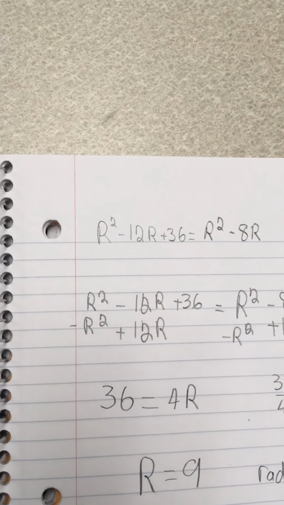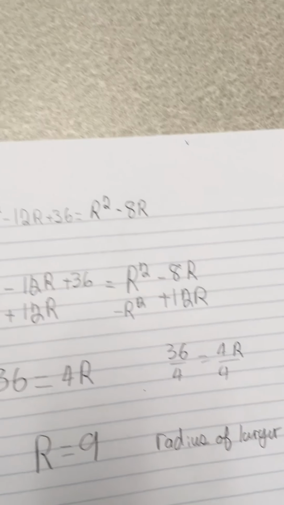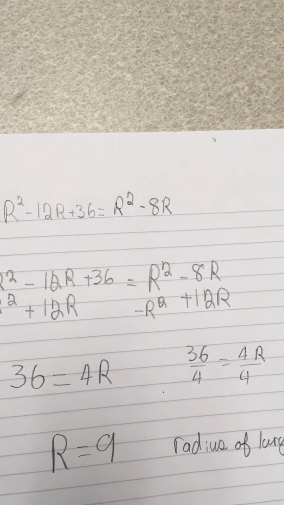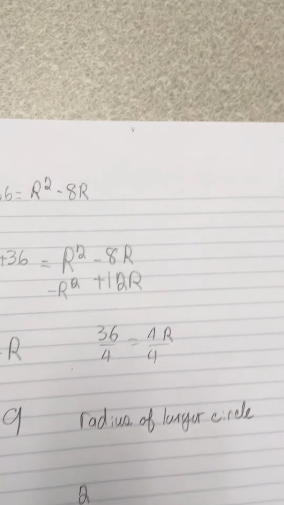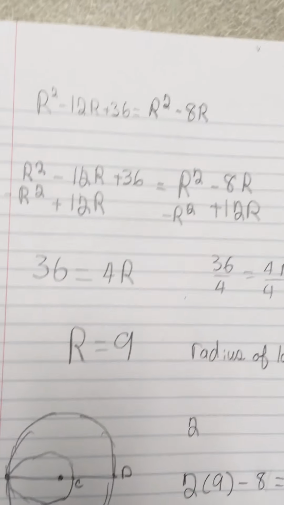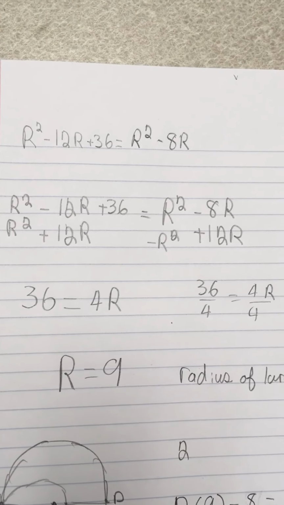And really thankfully for us, you can just subtract out the r squared, and that sets up even nicer stuff: 36 equals 4r, and that gives the radius of the larger circle is 9.